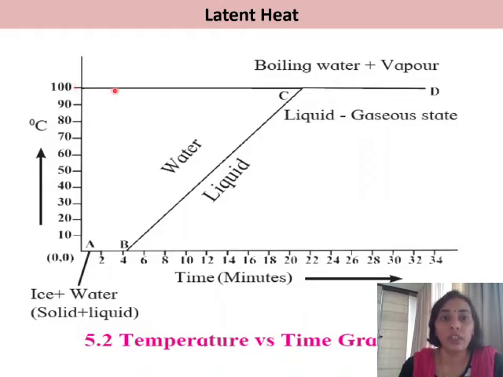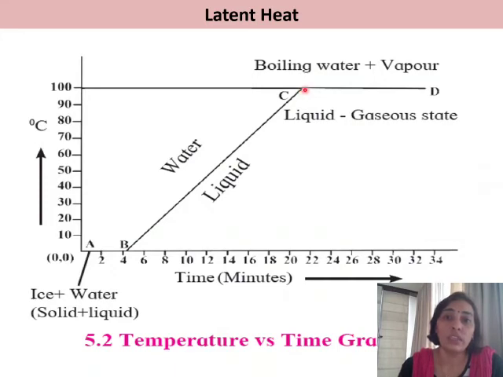So during this time, we find that the water has started boiling, that is, it is getting converted from the liquid state into the gaseous state. So the constant temperature at which a liquid gets converted into gaseous state is called as its boiling point, and the boiling point of water is 100 degree Celsius.